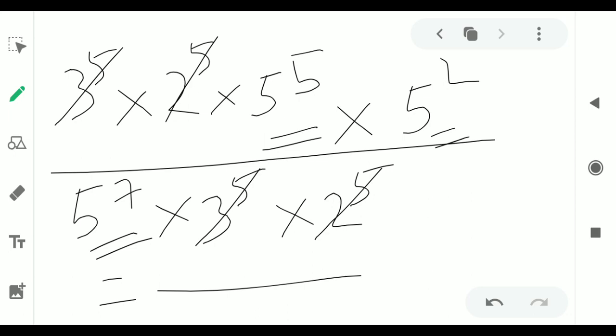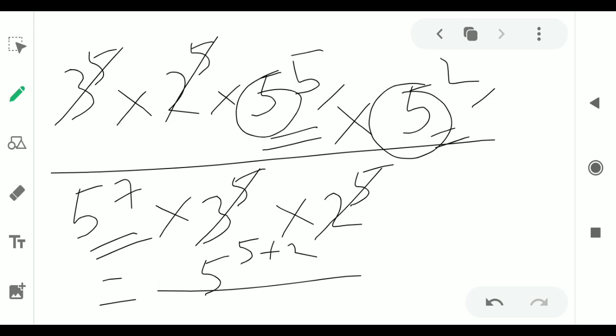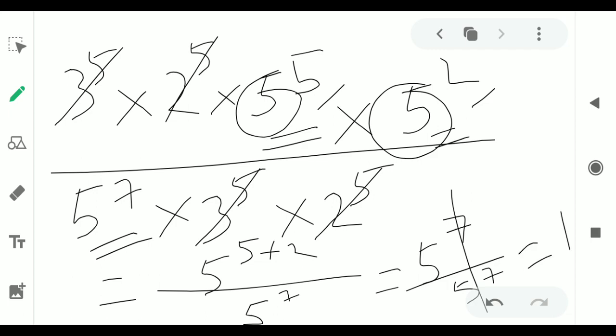Both bases are the same, so I can write one 5 and add the exponents: 5 to the power 5 plus 2, which is 5 to the power 7, by 5 to the power 7. We can cancel it. So the answer is 1.